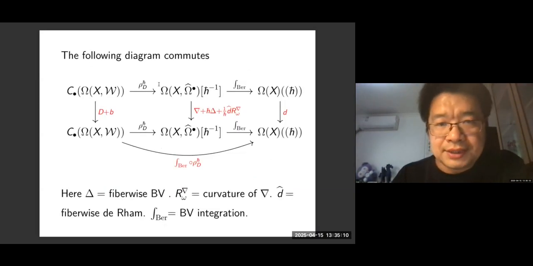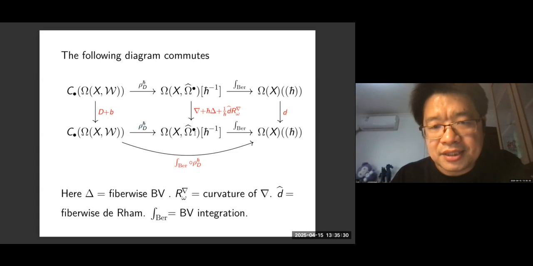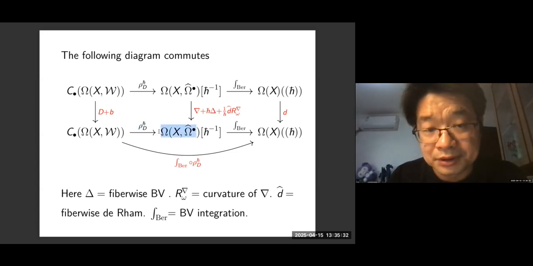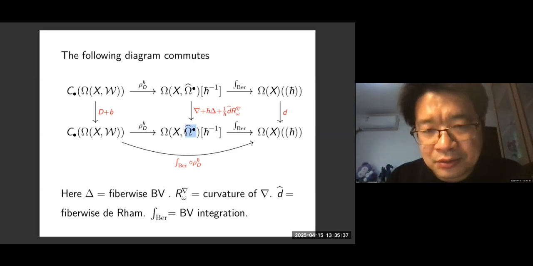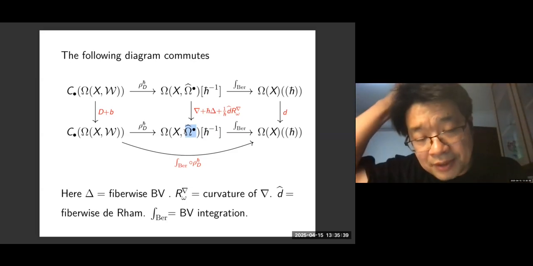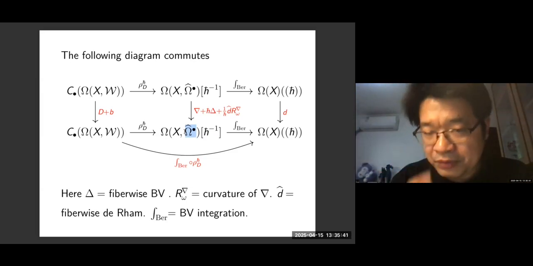Okay, so if you study this map, you can show the following. This is my chain complex for the differential form valued Weyl algebra. The first map is the fiberwise HKR map, and then it is composed with the twisting. So this is my twisted HKR map. You get the fiberwise differential forms. For these fiberwise differential forms, I just mentioned you can do the fiberwise BV operator.